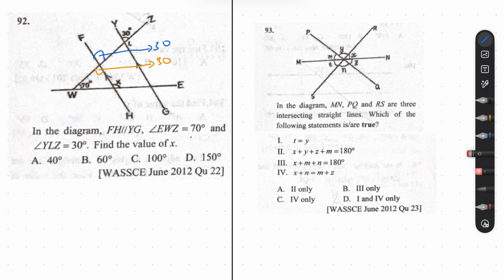So x is equal to 30 plus 70, which gives us 100, which is C.